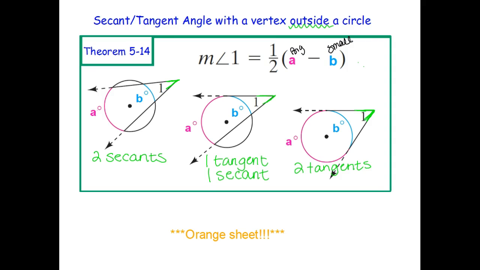And if you notice, the small one is always closer to the angle. So the small one is always the inside. So you could also think of it as outside and inside. Whatever goes in here, these have to be measures of arcs. You cannot put the measure of an angle in here. This is where your angle goes.